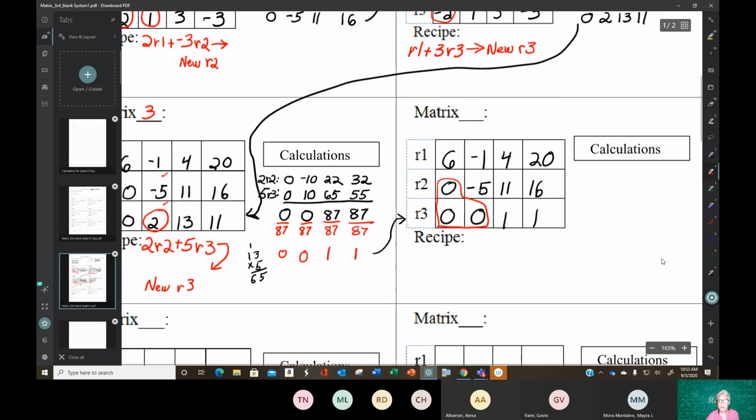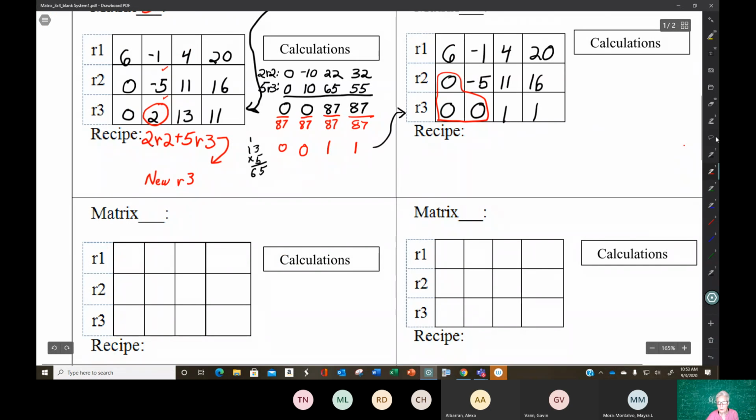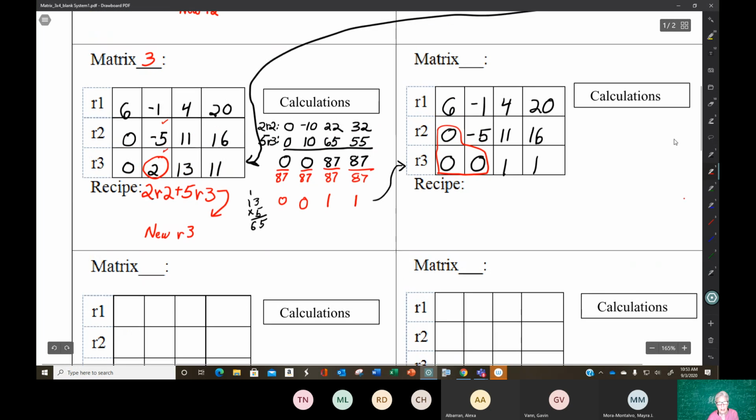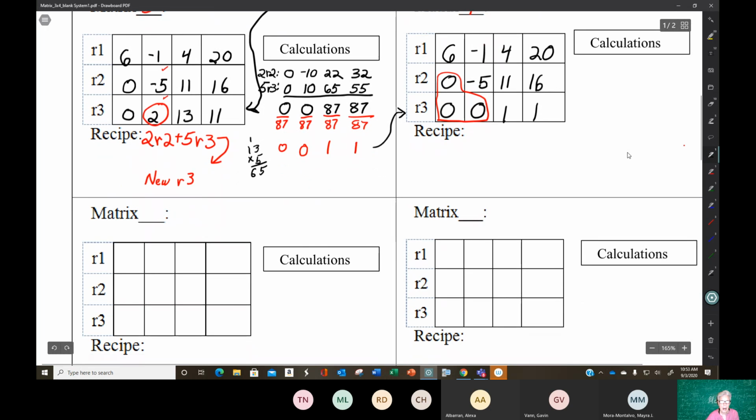And I am now going to rewrite this matrix right here, which I did not number, bad me. I'm going to rewrite this as the system of lines it really was. 6x, negative 1y, 4z.